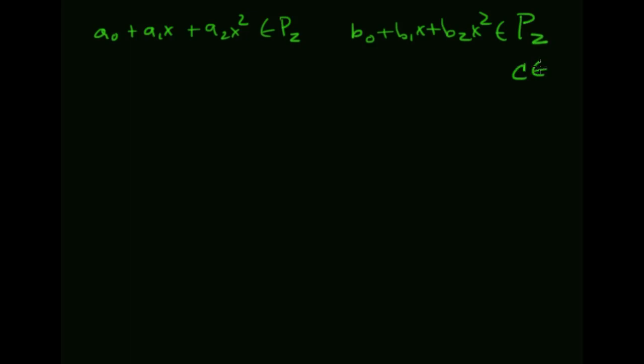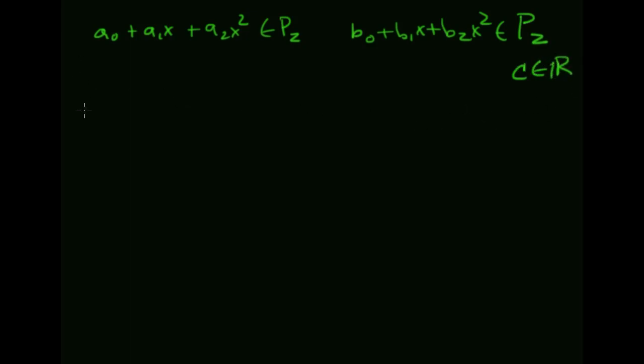Let's look at number 9. In number 9, we have polynomials. So we have a polynomial a0 plus a1x plus a2x squared, a generic polynomial in P2. b0 plus b1x plus b2x squared is going to be another generic polynomial in P2. B is going to be a scalar.